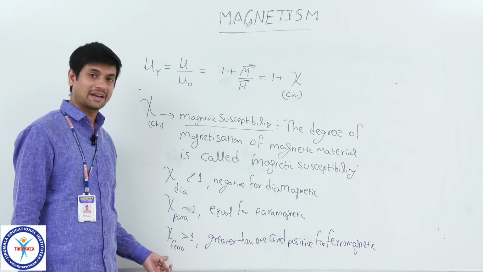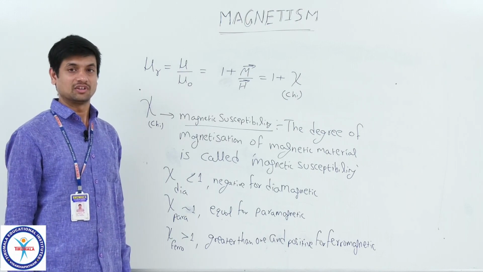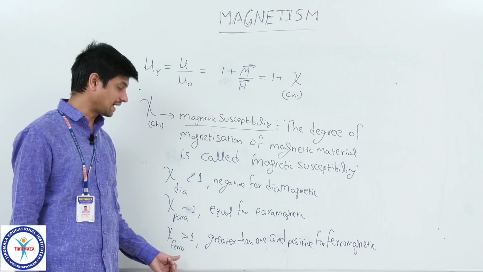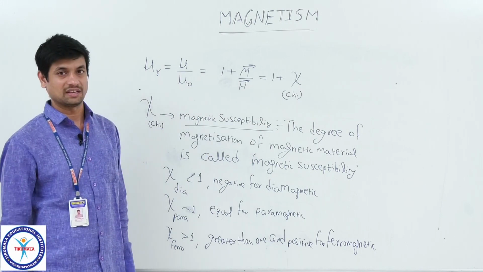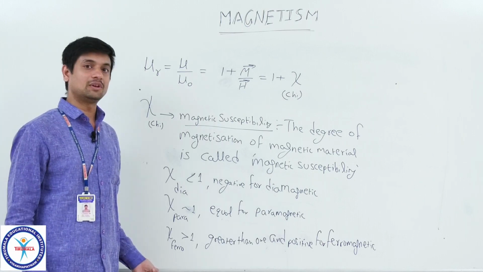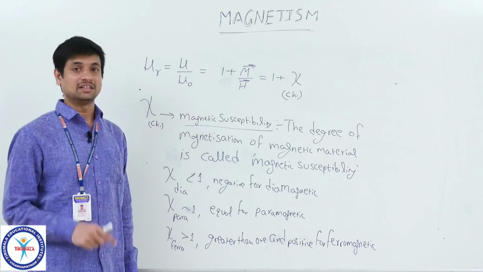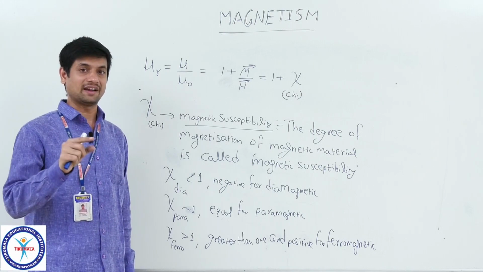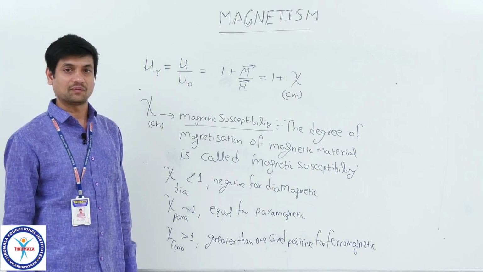Ferromagnetic materials, I said iron, cobalt, nickel, neodymium, have a susceptibility value greater than 1. Even for a weaker field, they will become permanent magnets. In this manner, the magnesium that the shepherd identified, the lodestone, was actually made of ferrite.